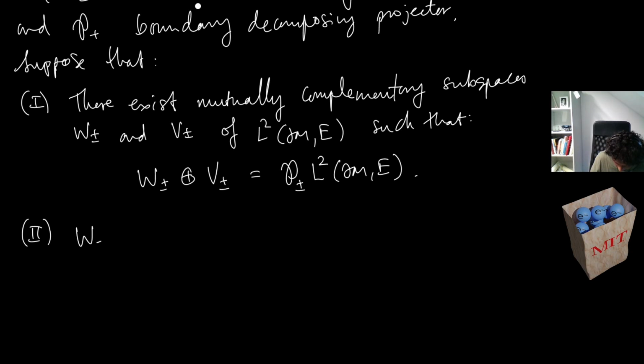Secondly, W plus minus and W plus minus star are contained in H half and are finite dimensional.